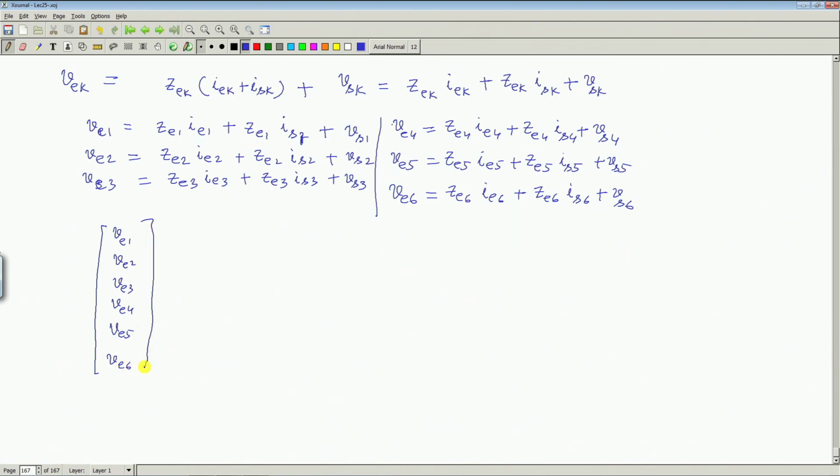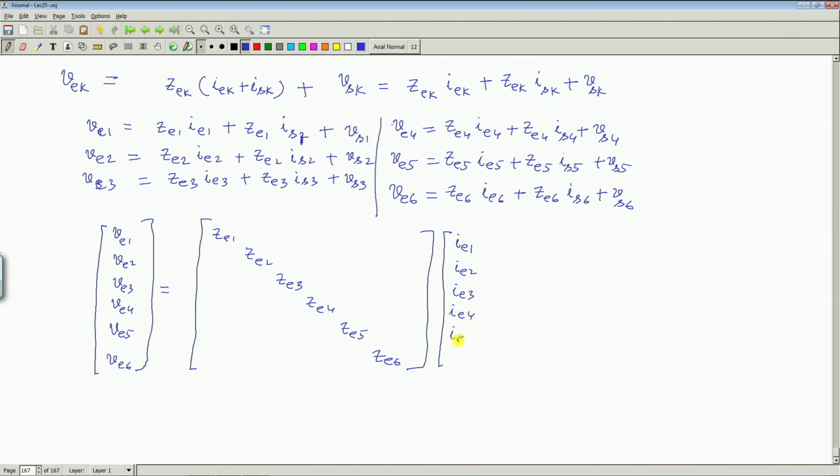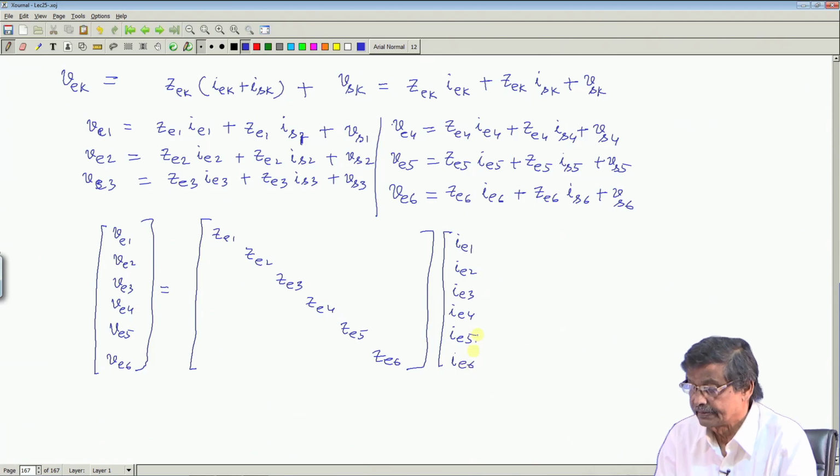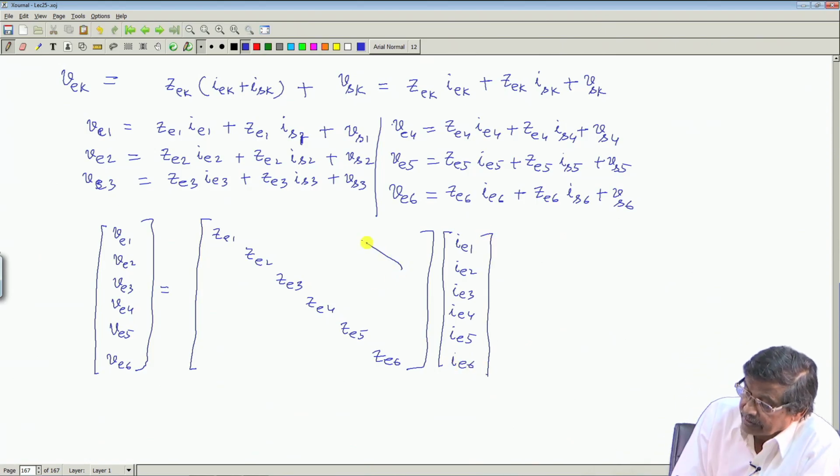This one can be written as ZE1, ZE2, ZE3, ZE4, it will be a diagonal matrix, ZE5 and ZE6. All other elements are 0, and here you will have IE1, IE2, IE3, IE4, IE5, IE6.